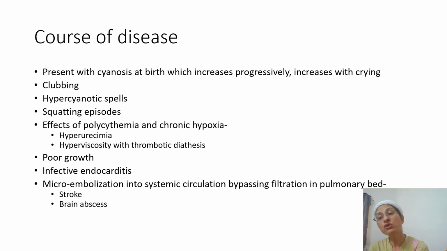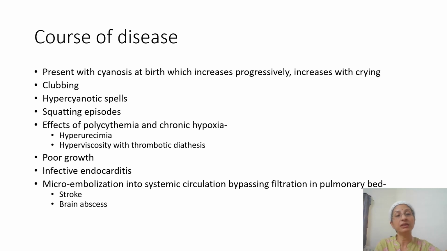So what is the course of disease taken by tetralogy of Fallot? Usually the children present in neonatal life with cyanosis, and this increases progressively. One very peculiar characteristic to be remembered in these babies is that when they start crying, there is an increase in the degree of cyanosis. Second, the cyanosis is associated with clubbing.